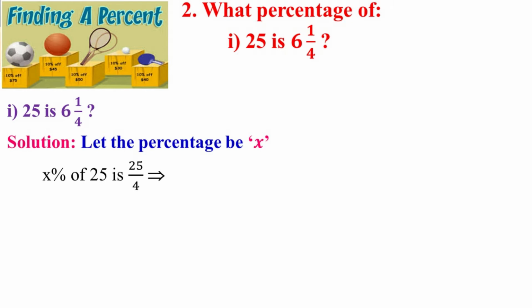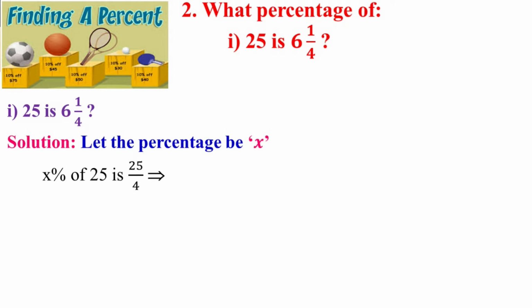How we got this 25 by 4? Yes, on converting the mixed fraction 6 1 by 4, we get the improper fraction 25 by 4. And in the next step, you know very well that in an algebraic expression, if there is the word of, you have to use the multiplication symbol, and if you find gets, are, is, such words, in that place you have to use the equal to symbol.